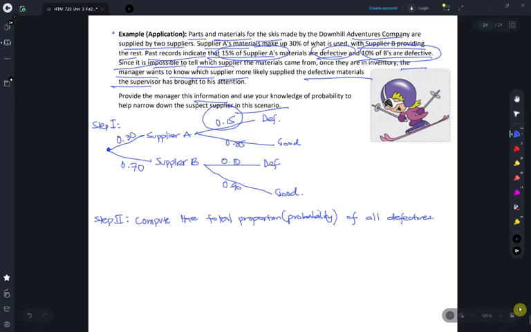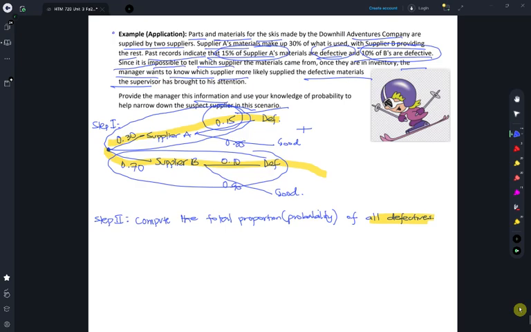As long as we're talking about a defective material, it could come from supplier A or it could come from supplier B. So we're looking at gathering all the proportion from supplier A and that of supplier B. The total probability of all defectives comes from defective and from supplier A plus defective and from supplier B.